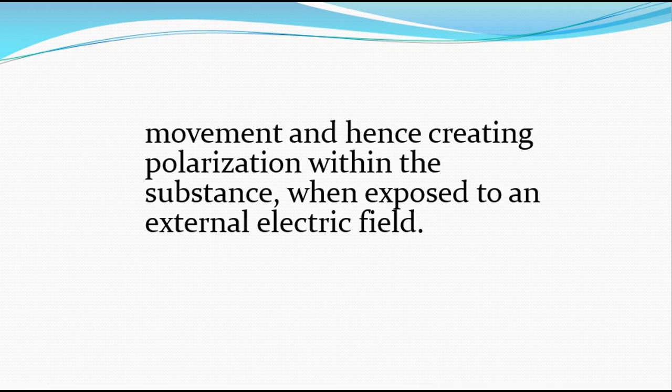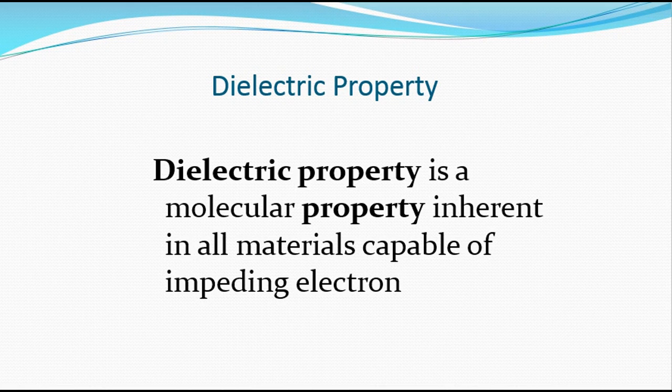Once it creates the polarization, that will affect the current that wanted to move from positive to negative. To make it short, in dielectric property you should understand that every material carries that electric property that impedes electron movement, that withstands electron movement from A to B, from B to C, and so on and so forth.